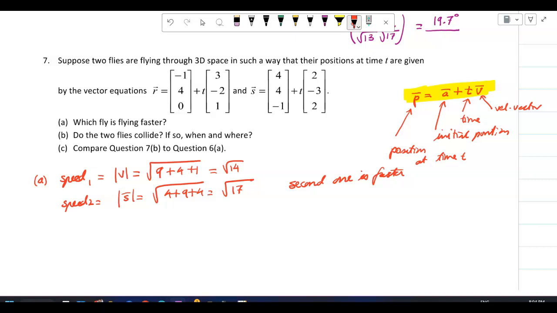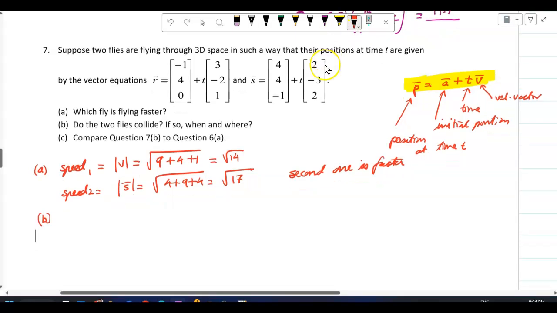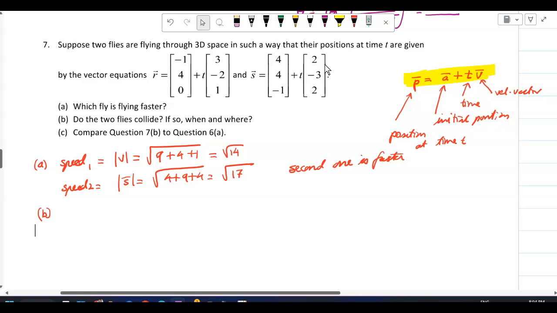So you find a point of intersection. If they are colliding, then you have to find a point of intersection. Now, if you are finding the point of intersection, what will you do? You equate them. Okay. So what is my first equation? Minus 1 plus 3t, I'll call it t1 because it's for the first flight, is equal to 4 plus 2t2.